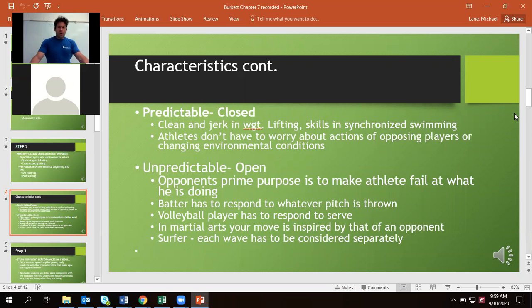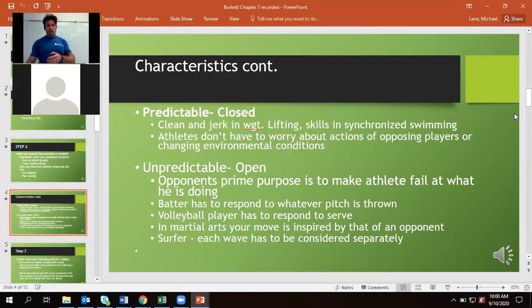Haley, I would figure the best way to think about it, and right now we're talking about skills. There's certain sports that are going to have both predictable and unpredictable skills. When it comes to pitching a baseball, it's relatively predictable. They're going to throw it in relatively similar motions, but where they're going to put that ball, that is the part that's unpredictable.